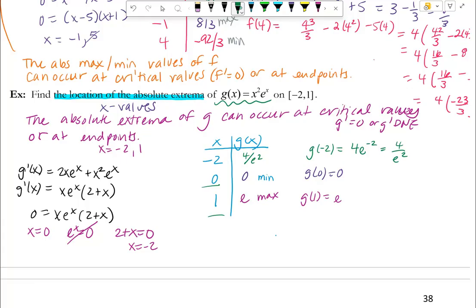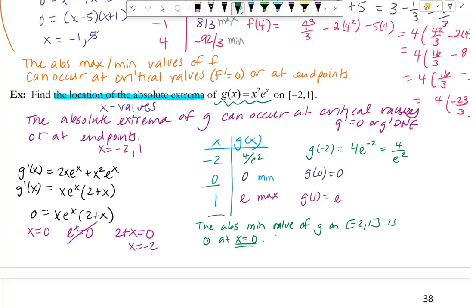So we could say the absolute minimum value of g on the closed interval from -2 to 1 is 0 at x equals 0. That's the important part.